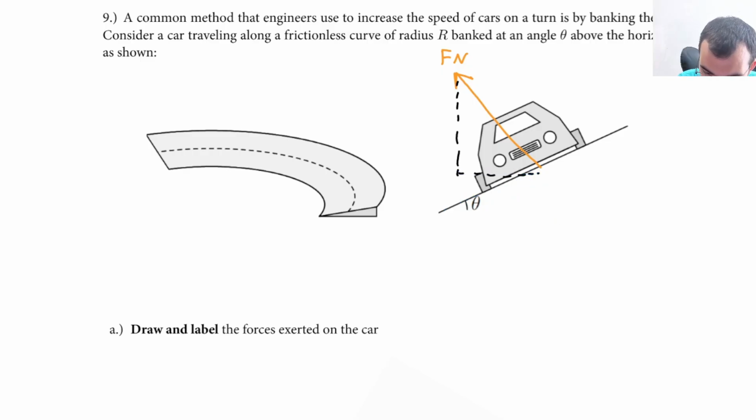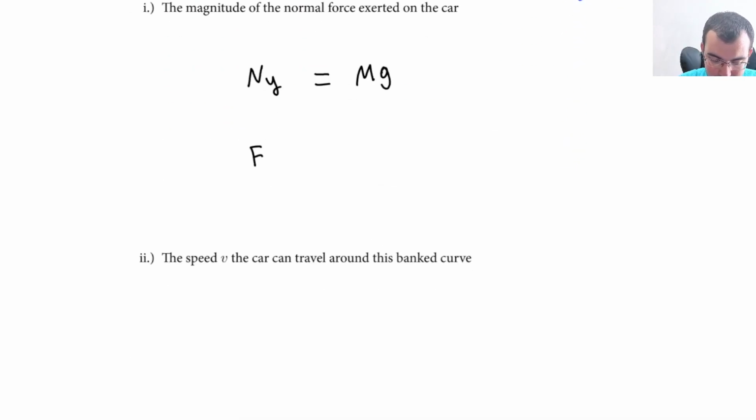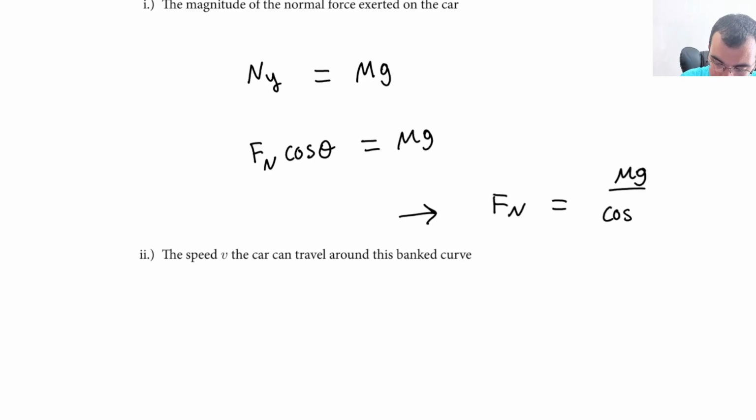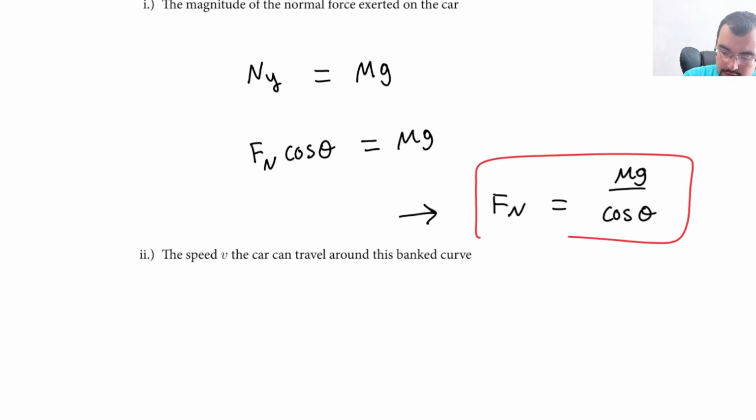So this is our theta up there. So this would be Fn cos theta, and this would be Fn sine theta. Kind of a tricky angle trace there. That means that our normal force is just going to be mg over cosine theta, which is notably not mg times cos theta.